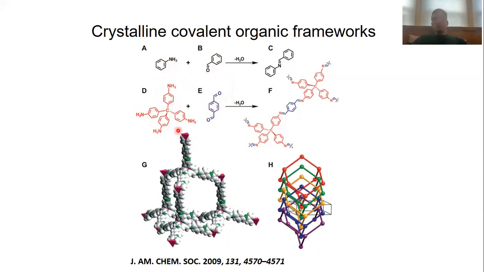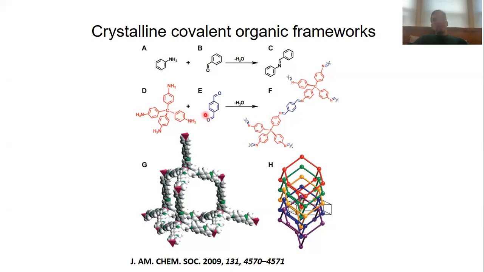What would you need to do? Well, you would need to replace this tetratopic building unit, which is tetrahedral, by a tritopic one that is planar. Then you will interconnect a planar tritopic building unit with a planar ditopic one, and that will give you, again, a two-dimensional extended solid.